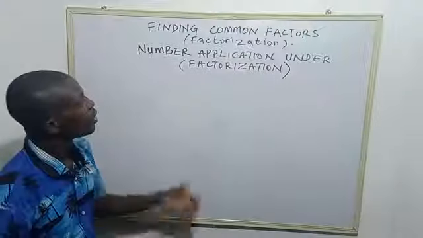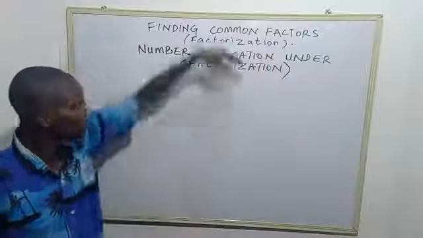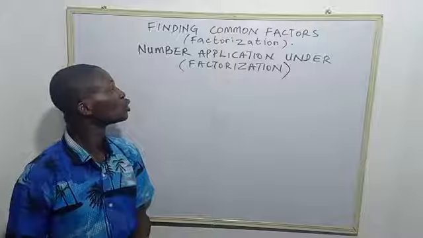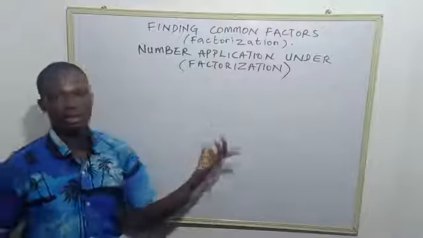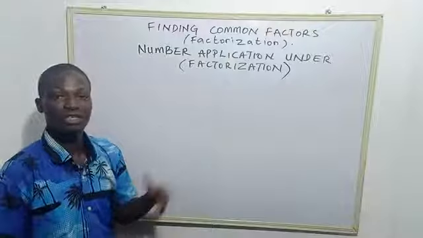So guys, we are back. Before we close this chapter on factorization, I would like to give you the numerical application of it, in case you come across questions that are figures and not letters as we've been doing.